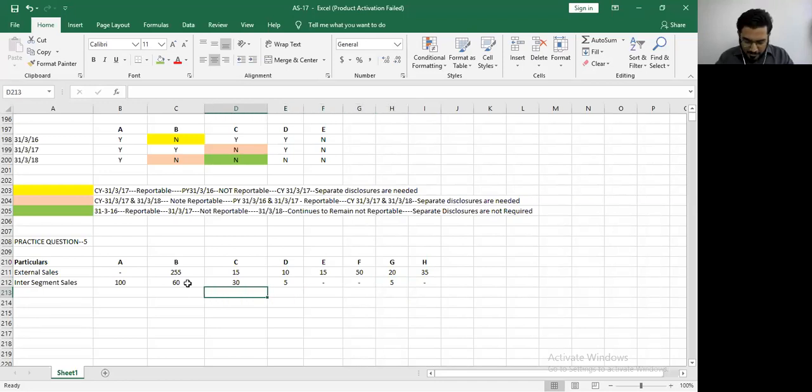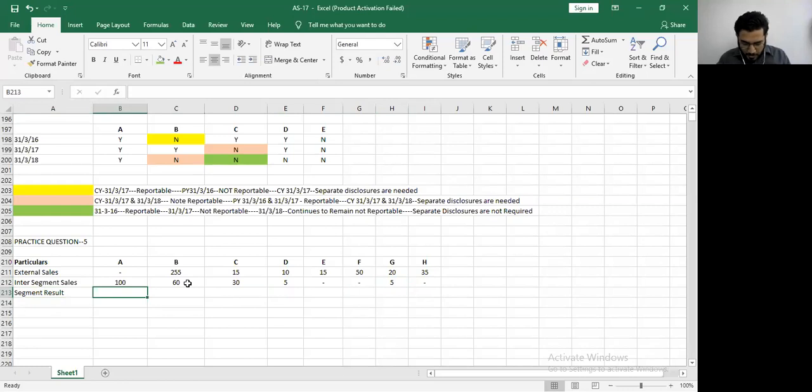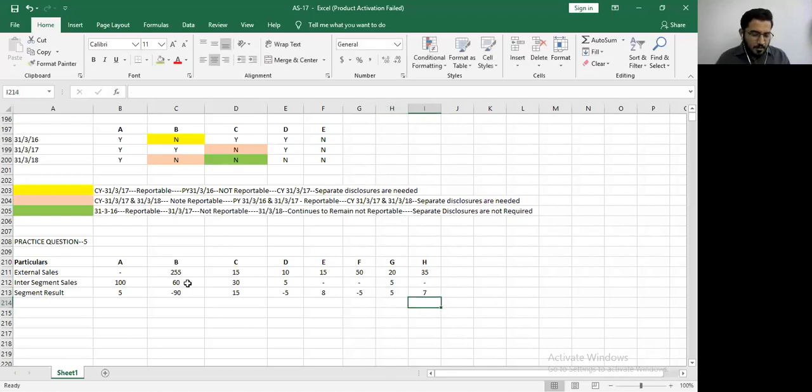Okay, after that in the question, you have segment result. Segment result, you have 5 minus 90, then you have 15 minus 5, 8 minus 5, then you have 5, and finally the segment result for H is 7. After this, in the question, you have segment assets.